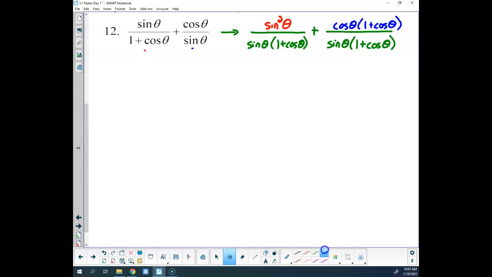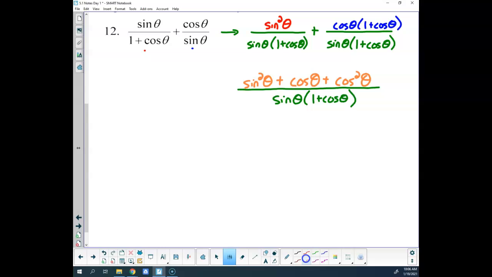Then you can add the tops. If I added the tops, I would get sine squared of theta plus cosine of theta plus cosine squared of theta, all over sine of theta times 1 plus cosine of theta.